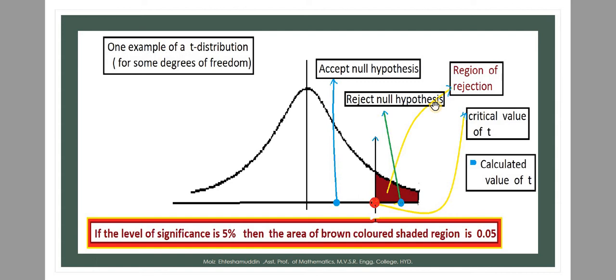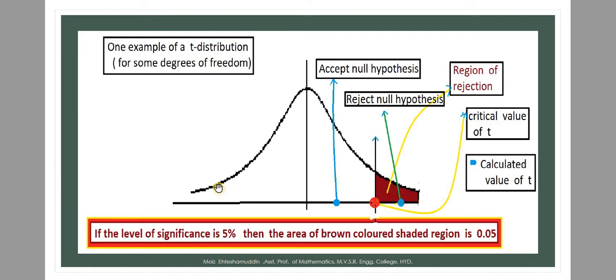In every problem, there will be some testing given at some level of significance. If the level of significance is 5%, the meaning is that the area of this shaded region, brown colored, is 0.05. If it is 10%, the meaning is that it is 0.10.